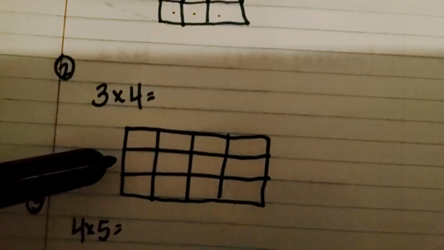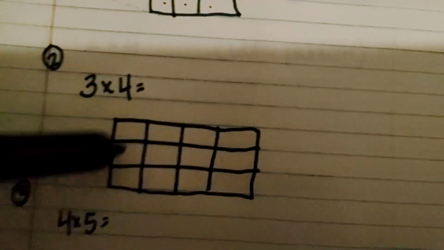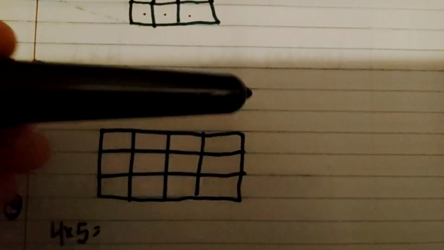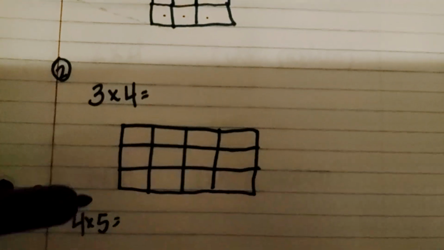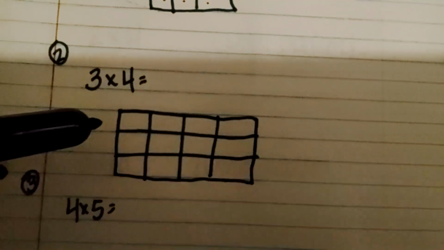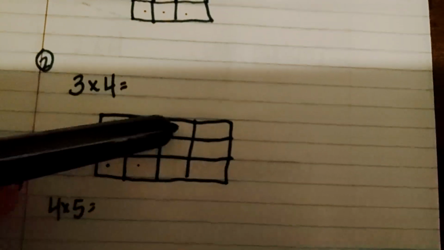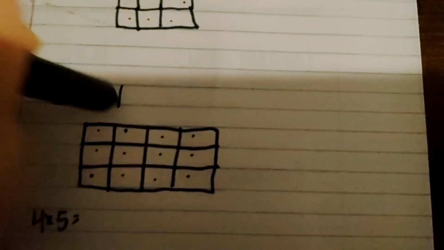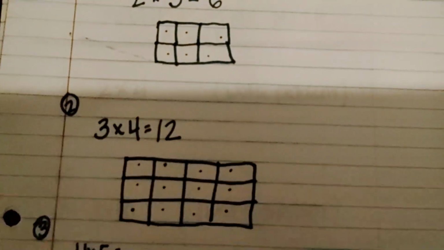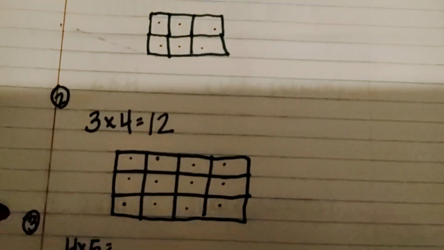We have 3 rows and 4 columns. That's right, we have 4 in each. Good job. So let's count them to see what 3 times 4 is. 1, 2, 3, 4, 5, 6, 7, 8, 9, 10, 11, 12. 3 times 4 is 12. And we solved that using an array.